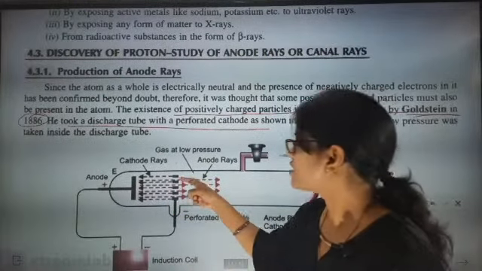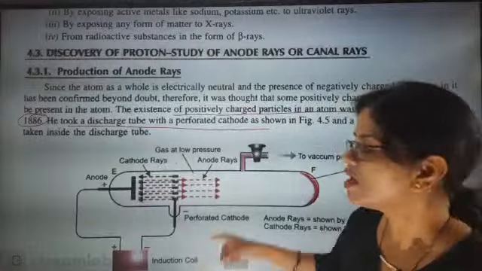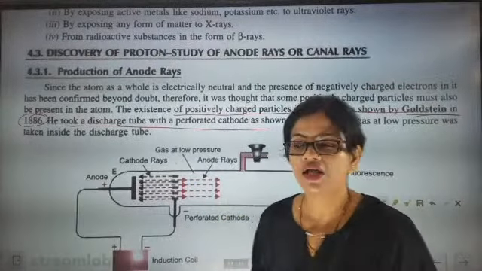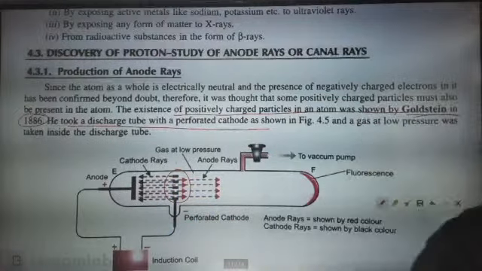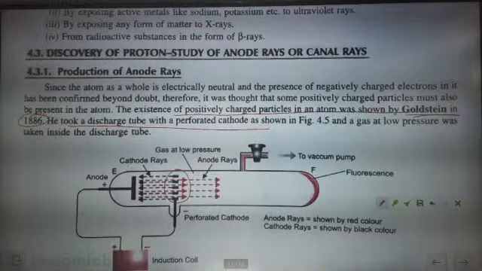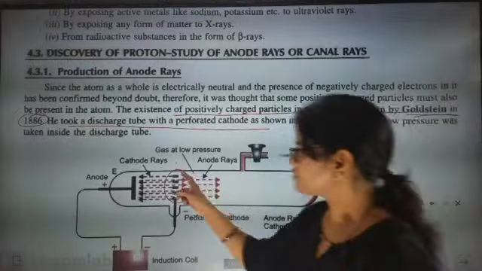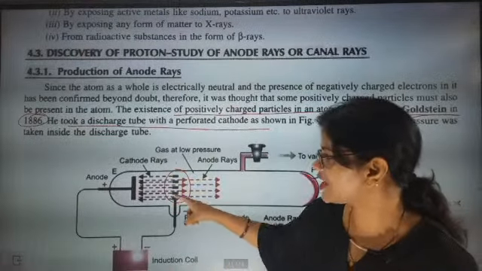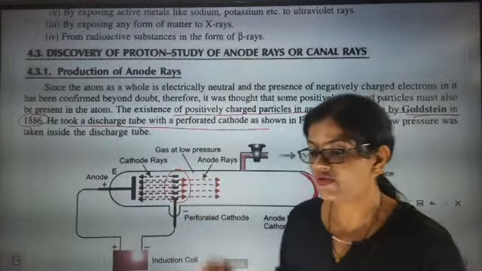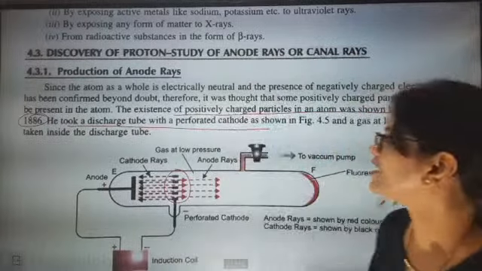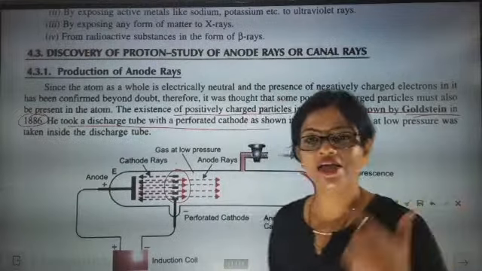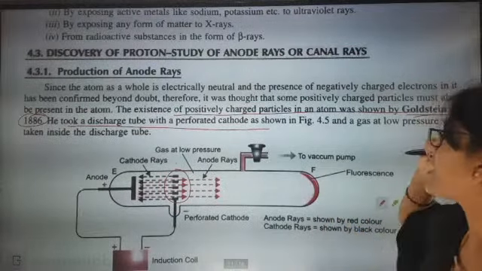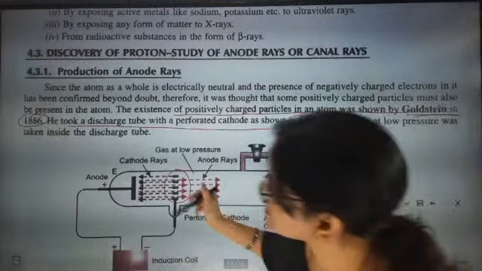In this cathode electrode you can see that gaps are there. So for this experiment he took a perforated cathode, and after that what did he do?